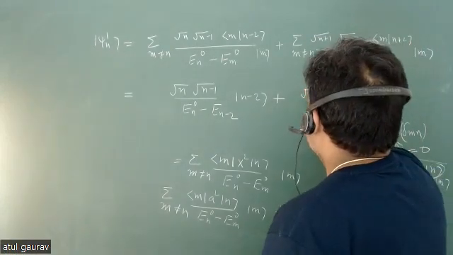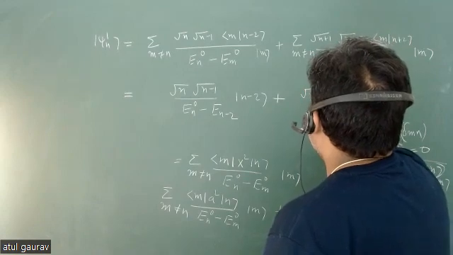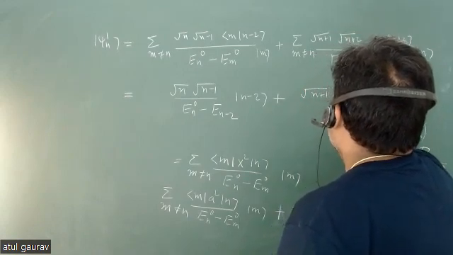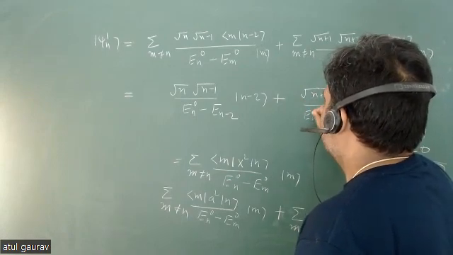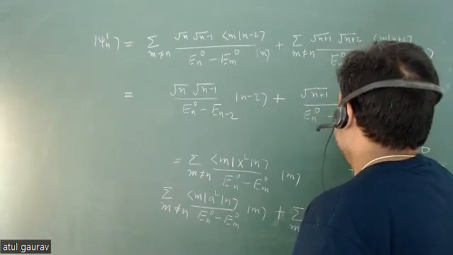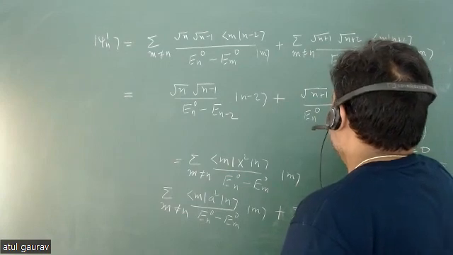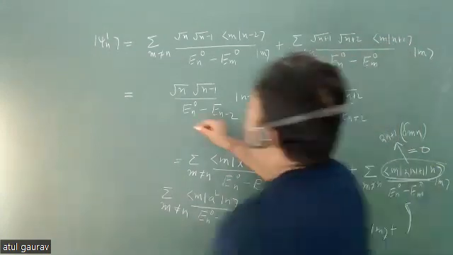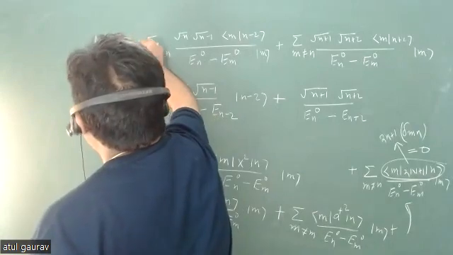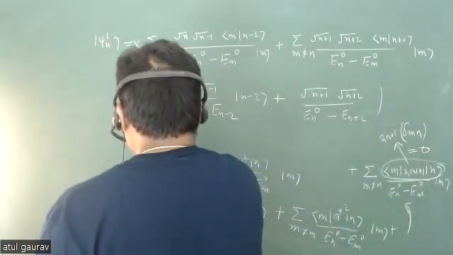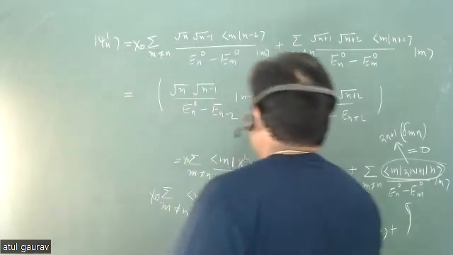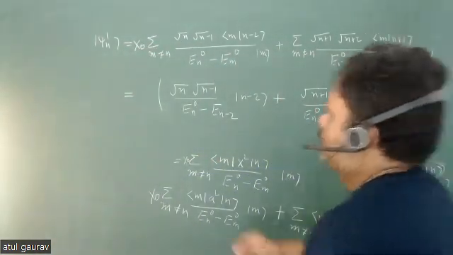So that value is equal to root n+1, root n+2, and this value is equal to En0 minus En+2. And obviously x0 will stay outside. Everywhere you have your x0, the dimension will be there. Okay, x0 is there.